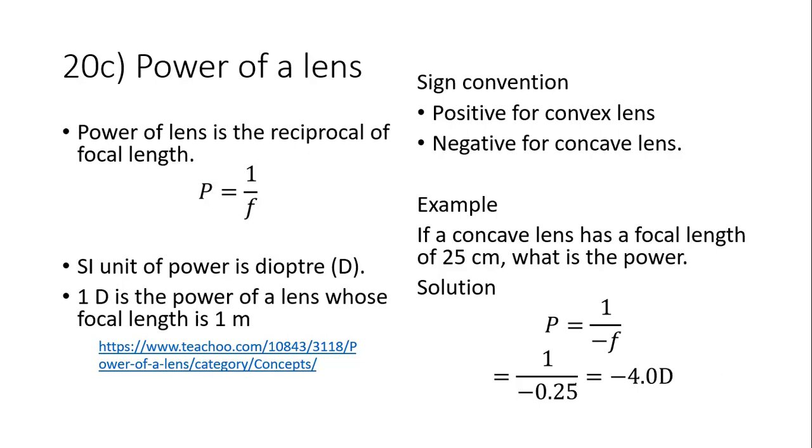I'm not sure what question you're referring to. Focal length is equal to the radius over 2, right? There was a similar question where they only gave the value of P and the value of R, the radius.